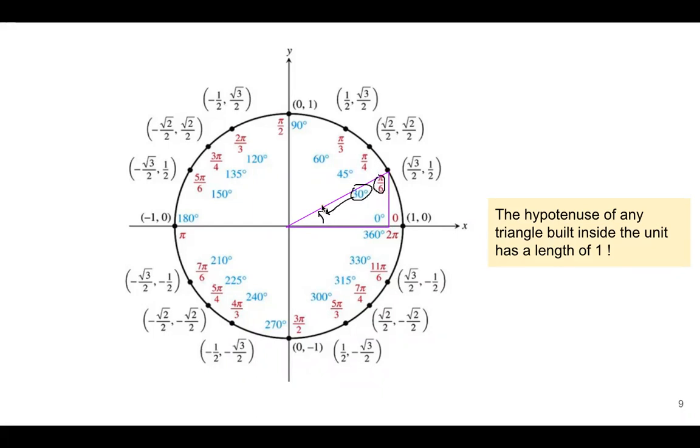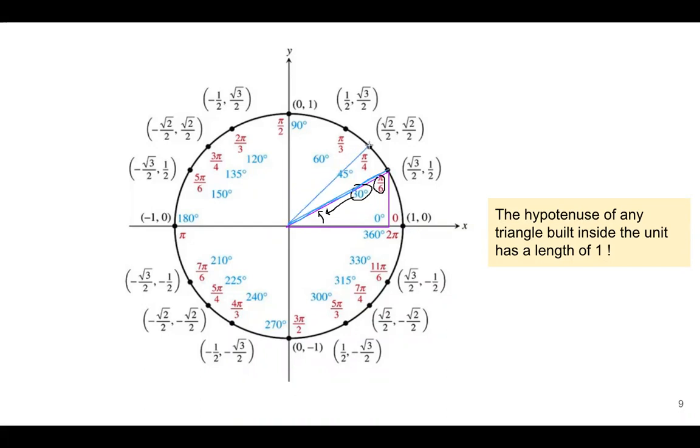So that is my first triangle that I made. And this length, let me do it in a different color. The length of its hypotenuse, that's right here, is going to be 1. Why? Because this is a unit circle. The radius, or any line from the center to the circumference of the circle, or from here to here, is 1.